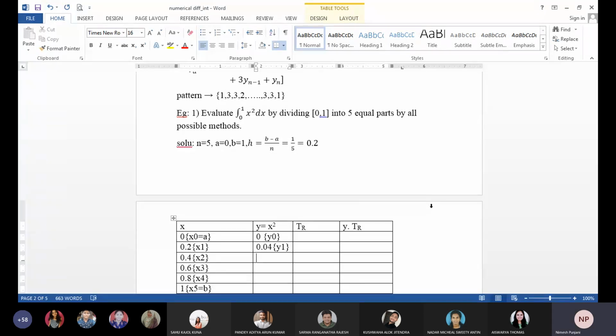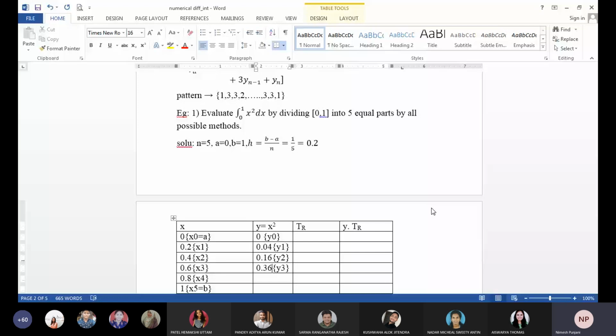Tell me what is the value of y2? y2 means the value of the function at x2. x2 is 0.4, so 0.4 squared is 0.16. Nice. What will be y3? 0.36.